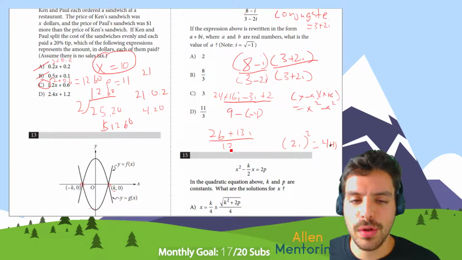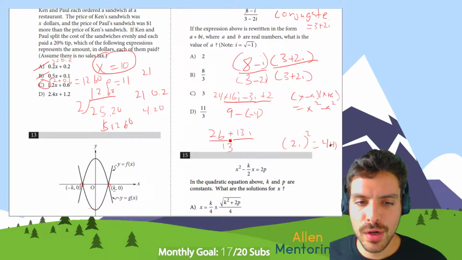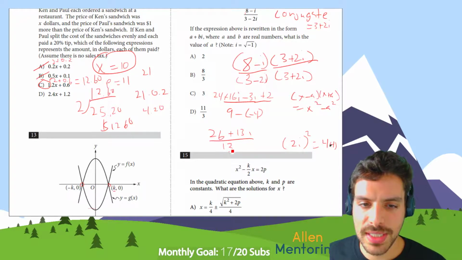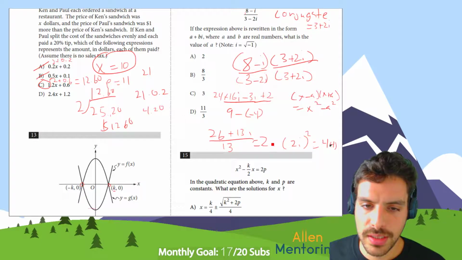If we have a single number in the denominator, we can divide each of these numerator terms by it. So 26 divided by 13 is equal to 2. 13i divided by 13 is equal to 1i. So 2 plus i is the correct answer.